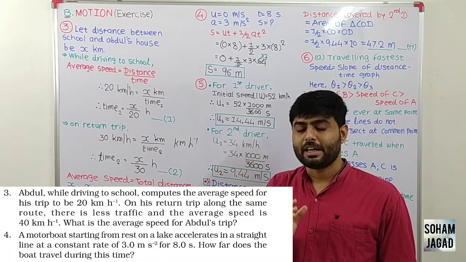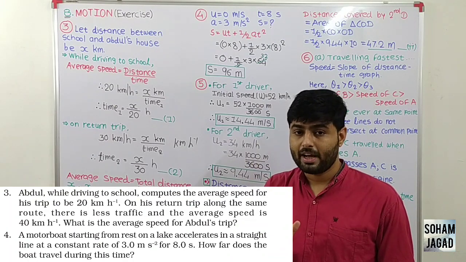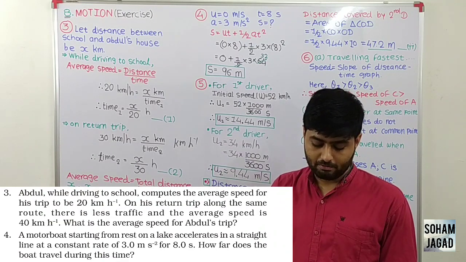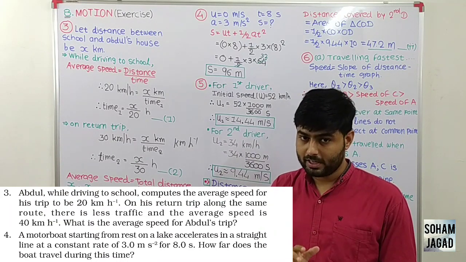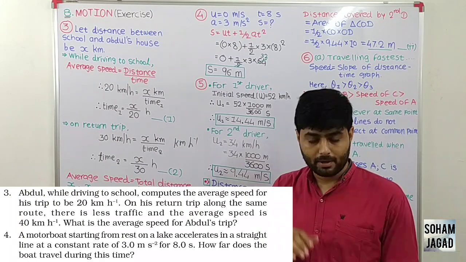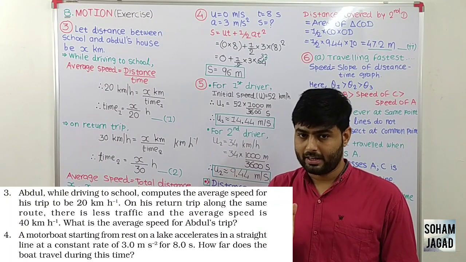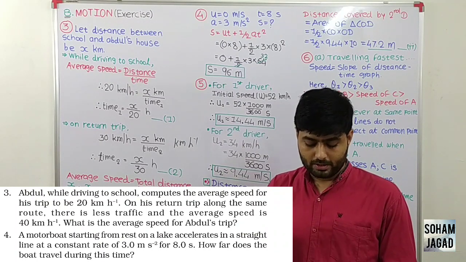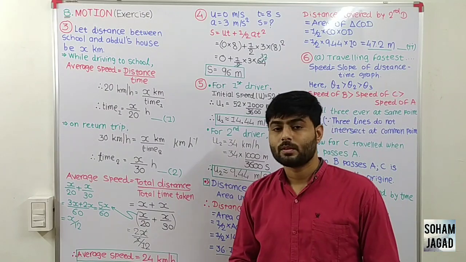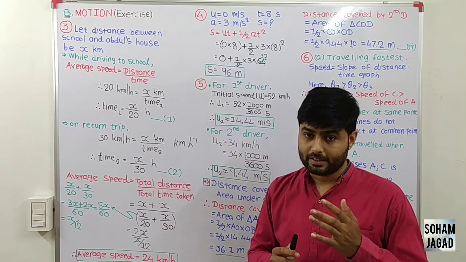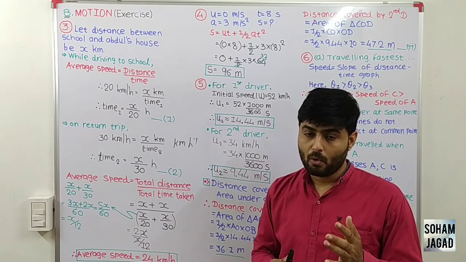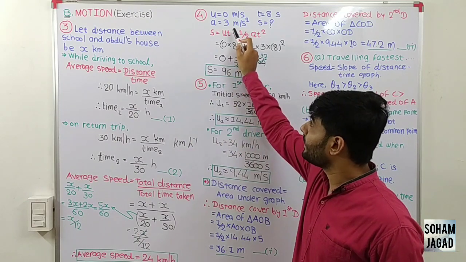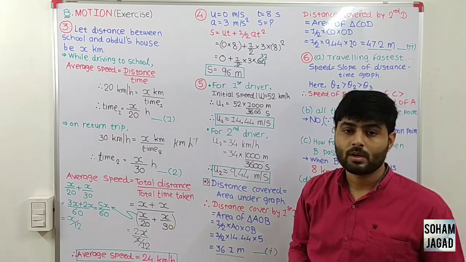To apply equations of motion, we should have constant or uniform acceleration. So here we have constant acceleration, that is 3 meter per second square, for 8 seconds. How far does the boat travel during this time? So we have to find the distance covered by the boat in 8 seconds with an acceleration of 3 meter per second square.